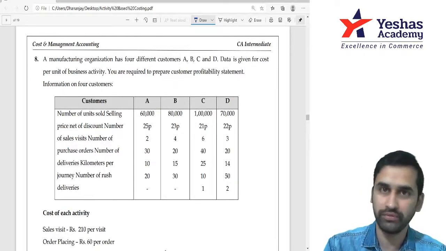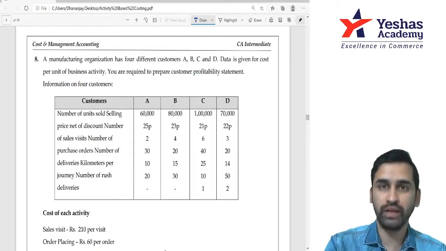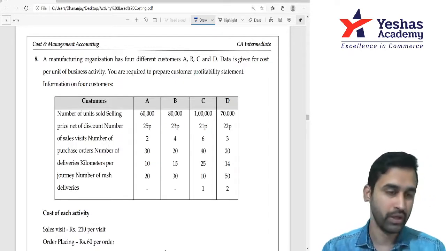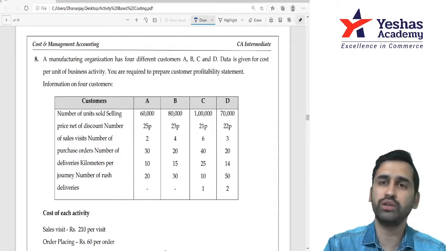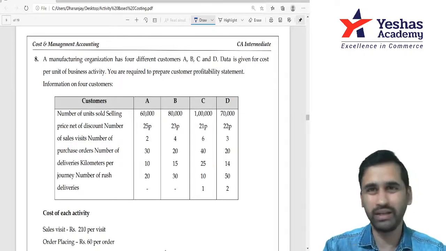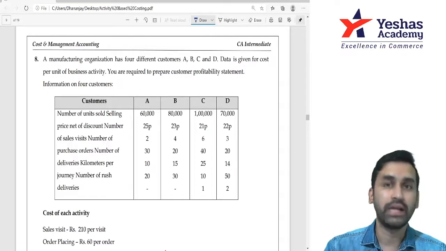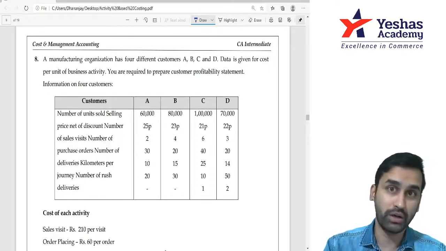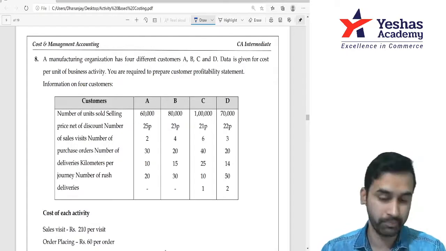So 4 or 5 activities, 4 or 5 cost driver volumes, 4 or 5 overhead cost pools they may give, just to do the working note, not the entire answer. The chances of such questions are very less. 10 marks with both LHR or MHR and ABC is what is most expected question.